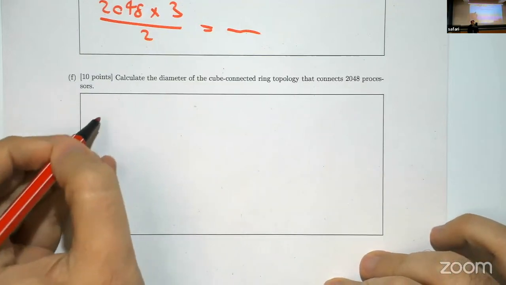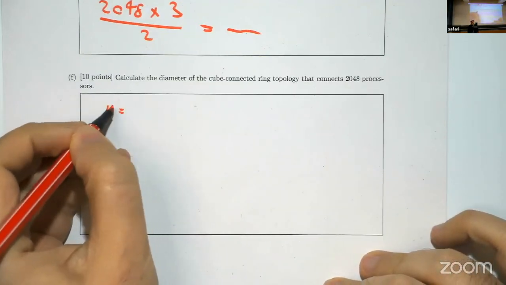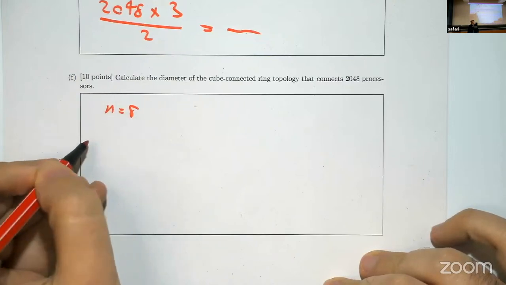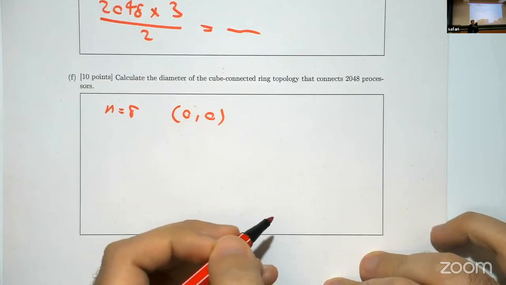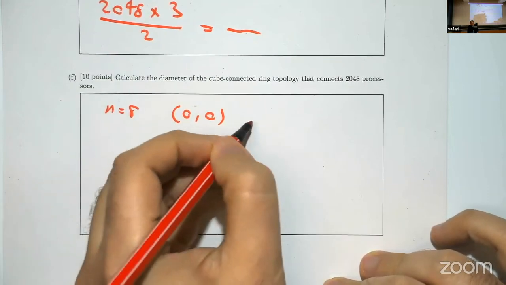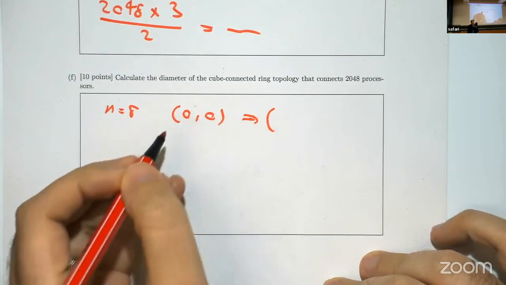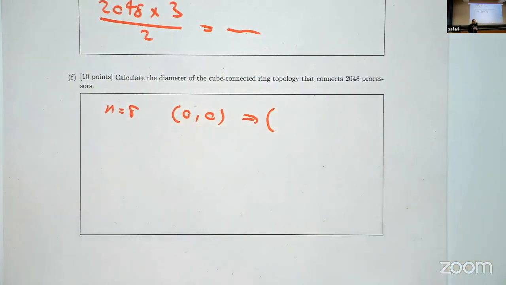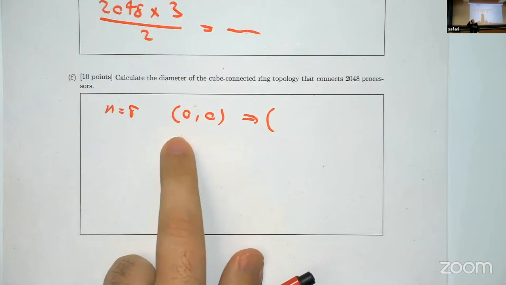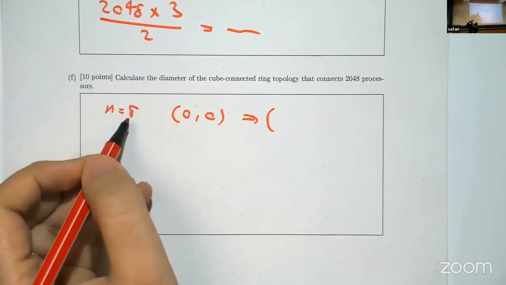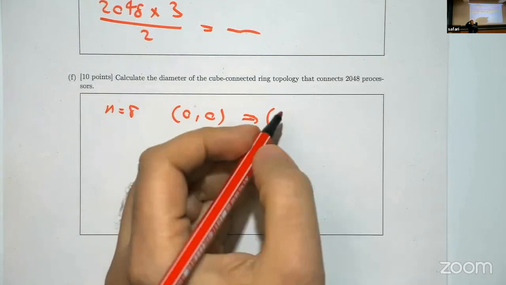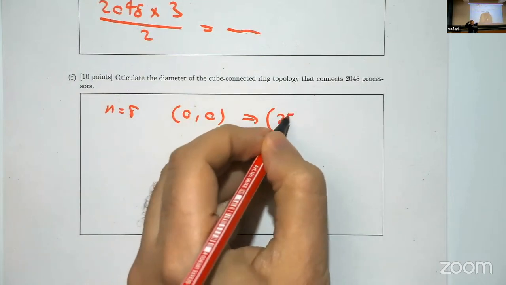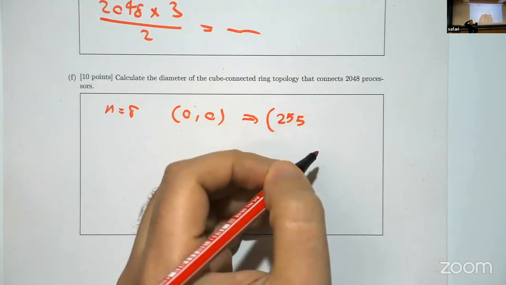So for example, n equals 8, and your source is 0 and 0. From 0, the longest one in the hypercube is a full one, because x is the position in the hypercube. So it should be 8 bits of all ones, which is 255, I guess, right? Yes.